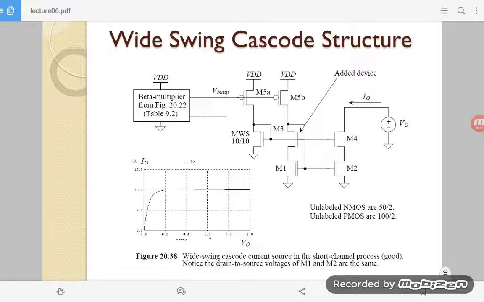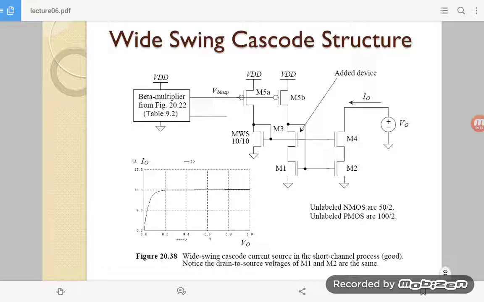Both M1 and M2 are sharing the same VDS SAT, so you will have perfect current mirror matching. Because of these two parallel branch biasings, M2 and M4 both require only VDS SAT amount of voltage for saturation region operation, and that gives a minimum required voltage of 2 VDS SAT.